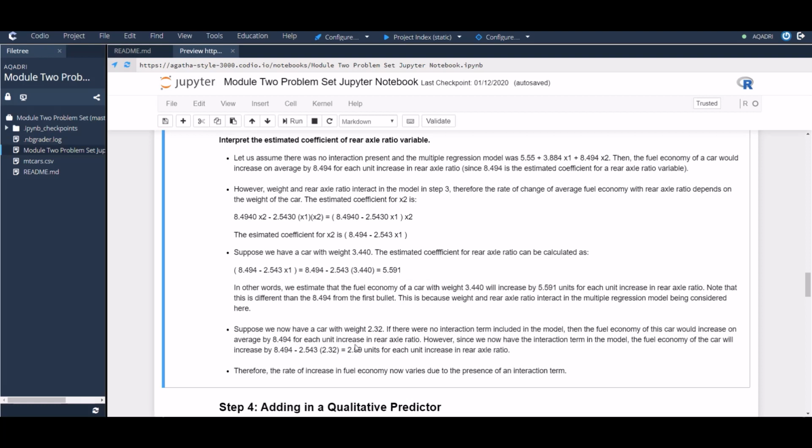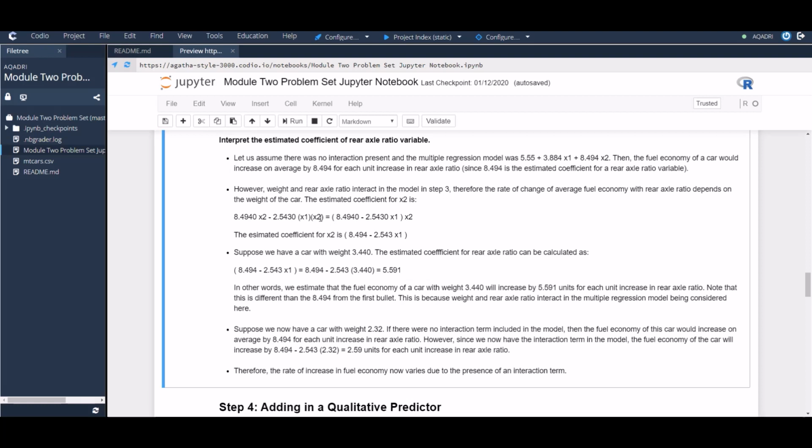So clearly you can see here that the different values of weight of cars are giving you different estimated coefficients for x2, and therefore the interpretation for average change in the response variable is different. So please be sure to do this interpretation correctly.